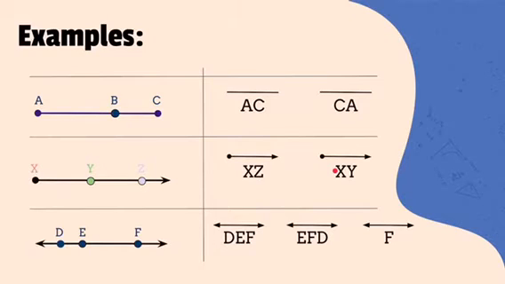Now last, we have a line. So therefore, when naming this line, we will add a miniature line above. Now in lines, you can switch the direction any way you want. So therefore, we can name this line DEF, line EFD, or just line F.